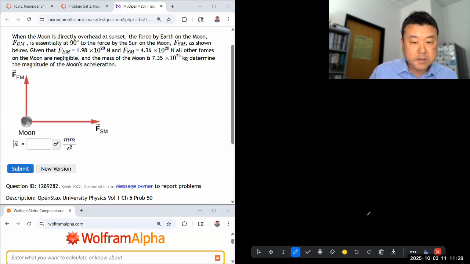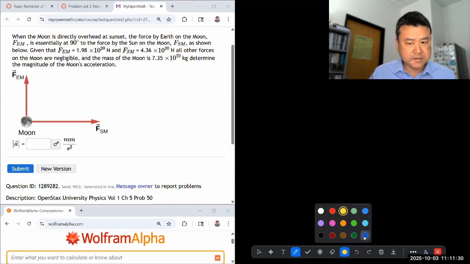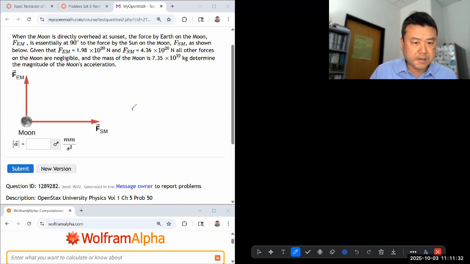So let me first write down the information that they are giving us. Let me define my axes so that I have some components. I think the same thing to do here is to define my x and y axes the normal, usual way. So the question is asking for the moon's acceleration while giving us the forces. So what we need to do is use Newton's second law.